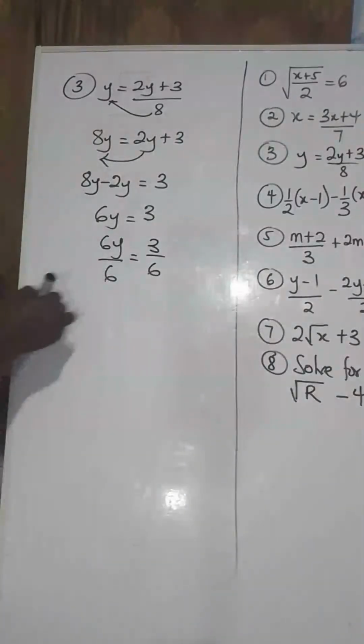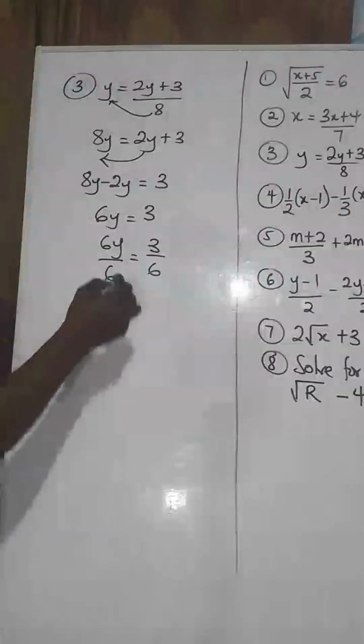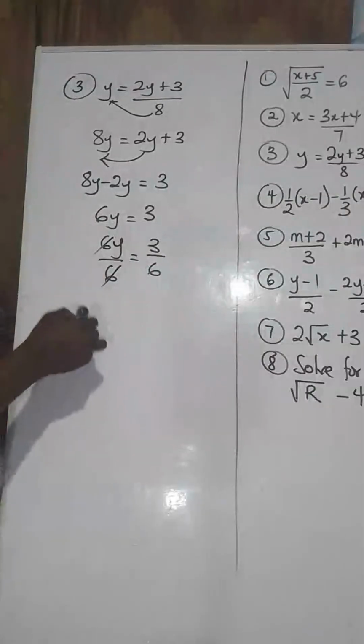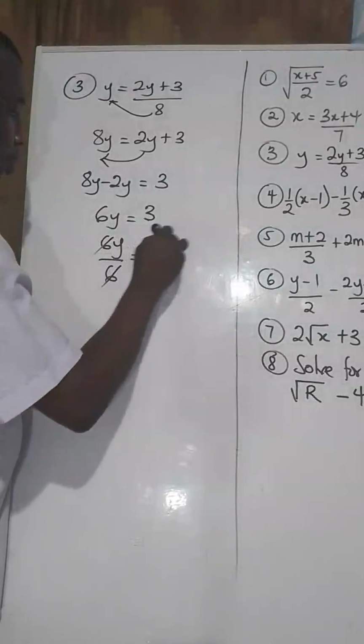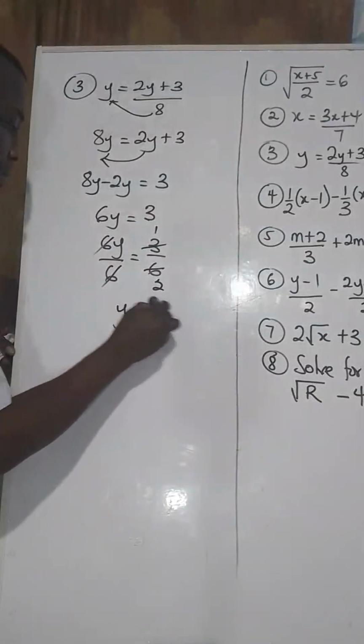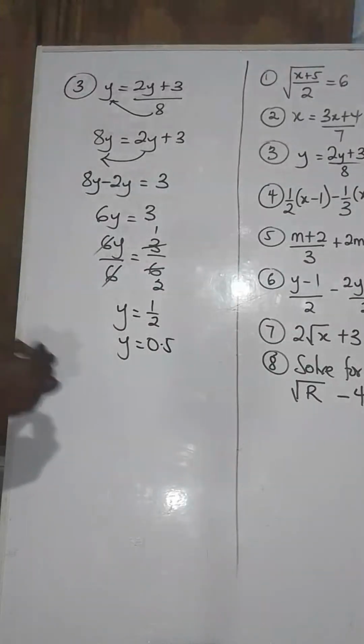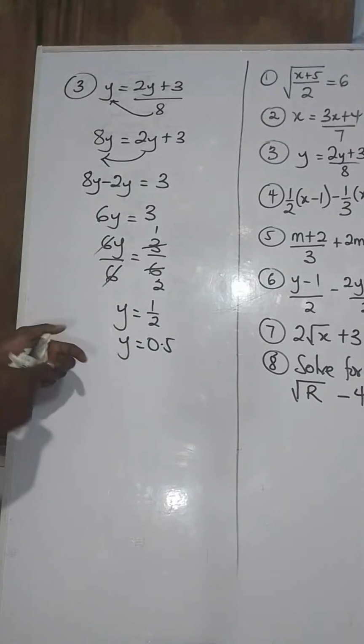So this cancels this. We have 3 here, 1 into this 2. So y will be a half, or 0.5. I hope you had this one also, but that is very simple.